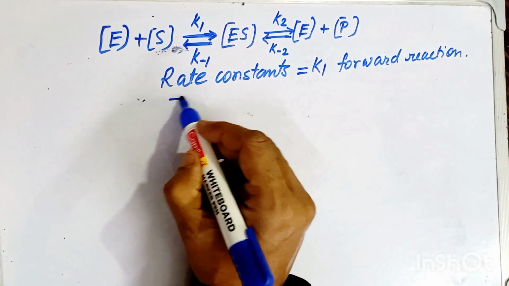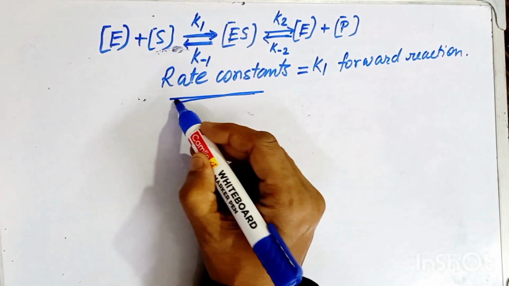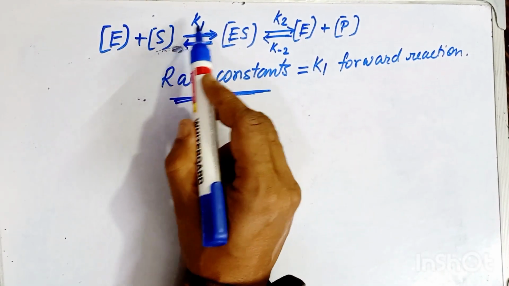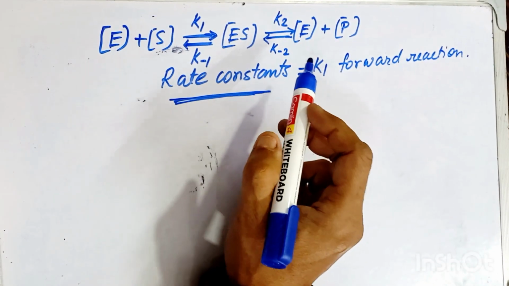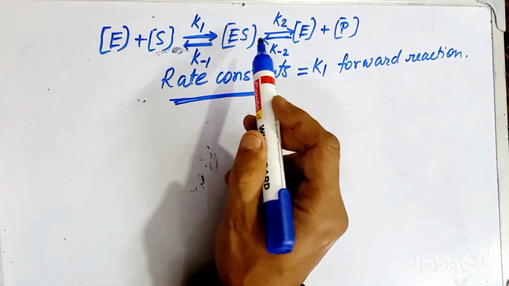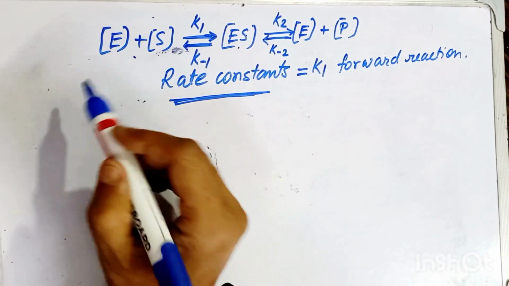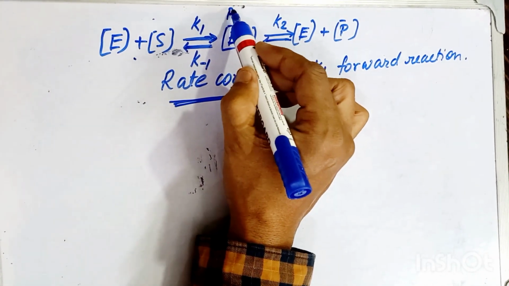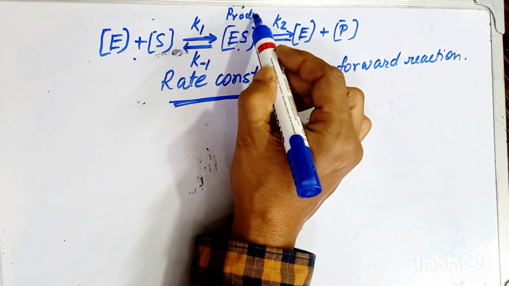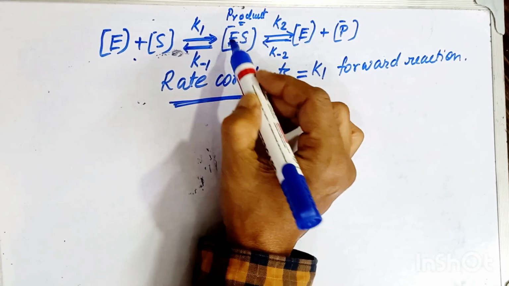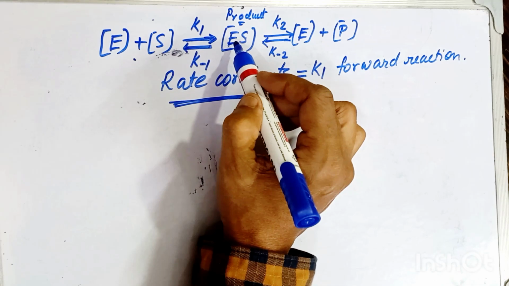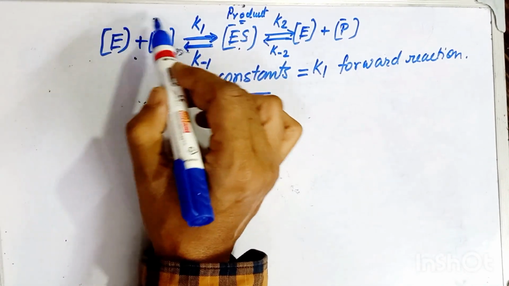Now, what are these rate constants, which I am repeatedly telling you about? Rate constants are the ratio of the product by the ratio of the reactants. For the first reaction, the formation of the ES complex is the product of this reaction, and these are the reactants.